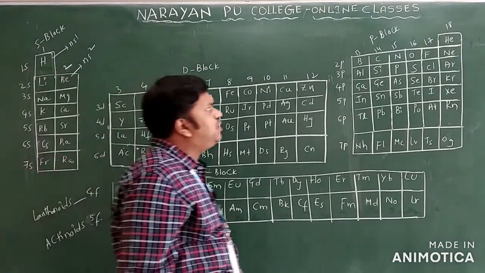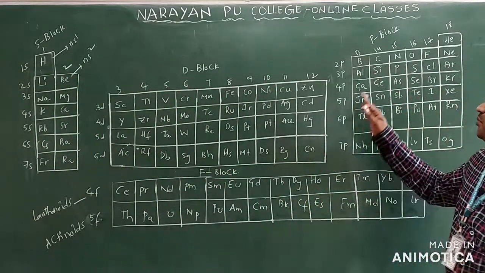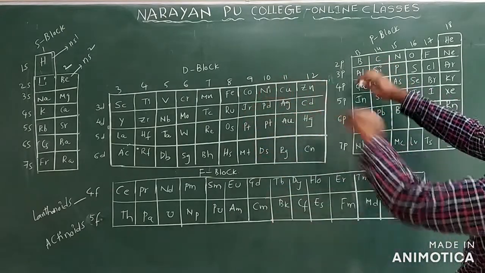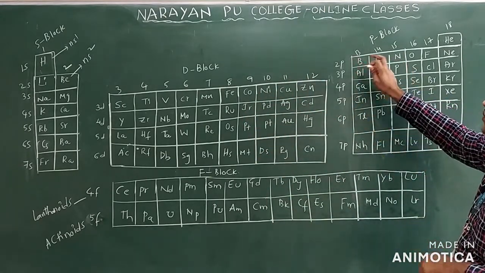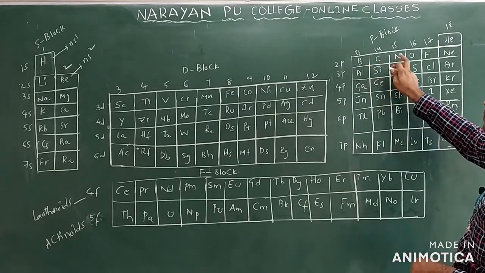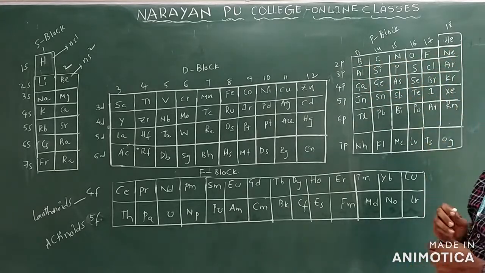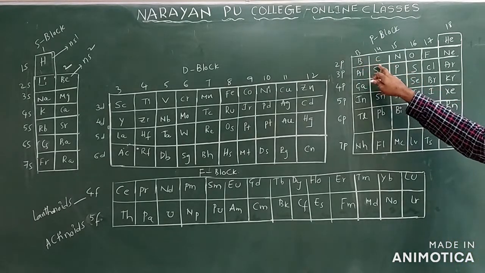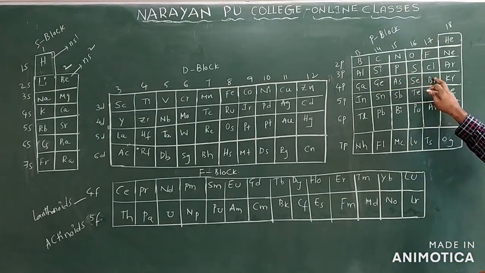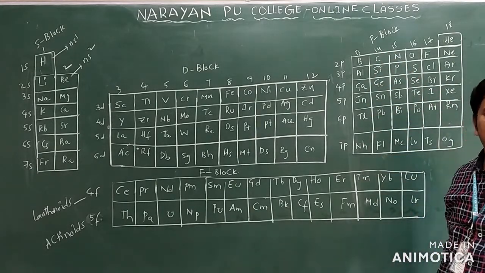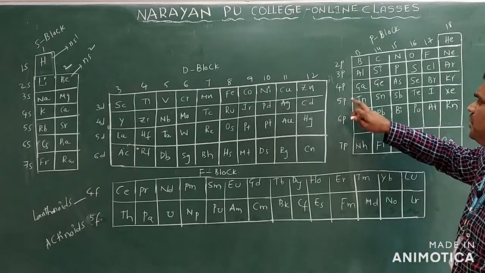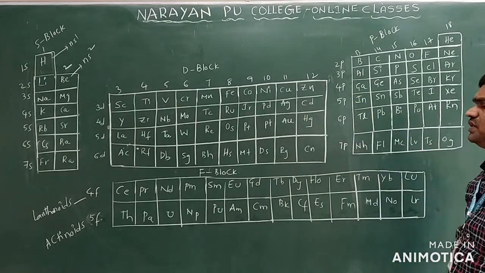Come to here, we have the P block elements. We can see groups 13, 14, 15, 16, 17 and 18, or you can call them 3A, 4A, 5A, 6A, 7A and 8A. The 13th group, or 3A group, elements are boron, aluminium, gallium, indium, thallium and nihonium.